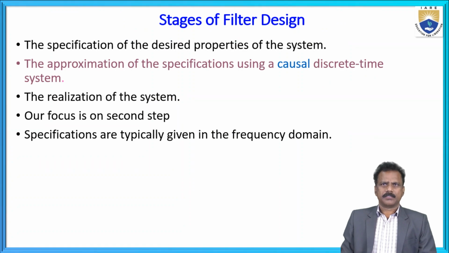These are the stages of the filter design. You have to follow these steps: the specification of the desired properties of the system, the approximation of the specification using the causal discrete time system, and the realization of the system. Specifications are typically given in the frequency domain.